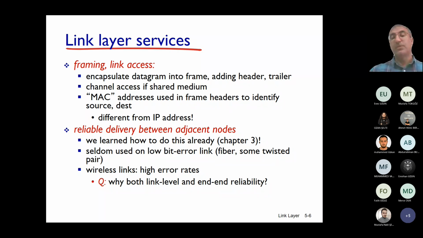This is sometimes used on low bit error links. Because reliability depends on the links that you use, with wired links reliability can be achieved easily, but when it comes to wireless links, due to their nature, they can have high error rates.